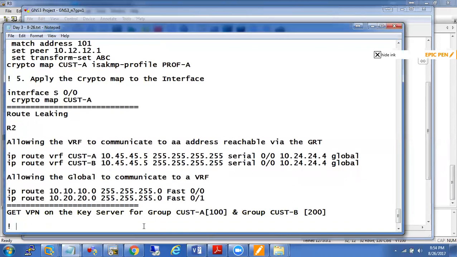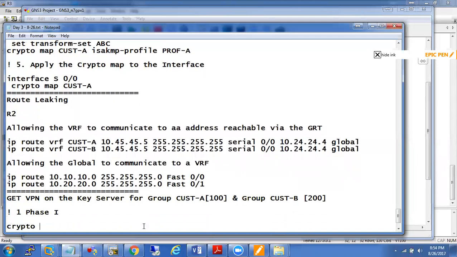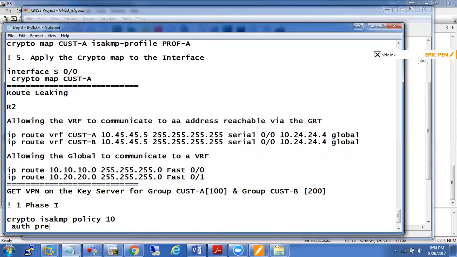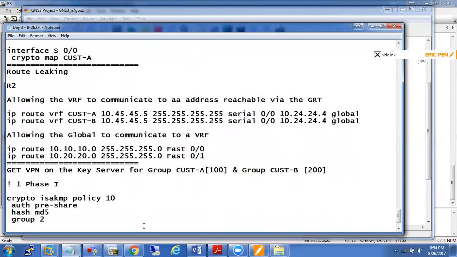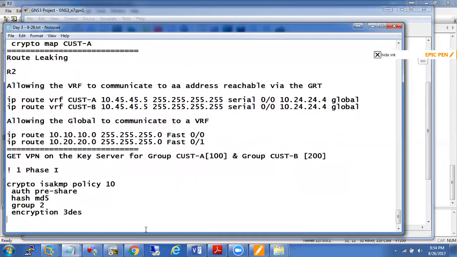Okay. Step 1, phase 1. Crypto ISAKMP policy 10, auth pre-share, hash MD5, group 2, and what else? Encryption triple DES. There's no VRFs over here, right?